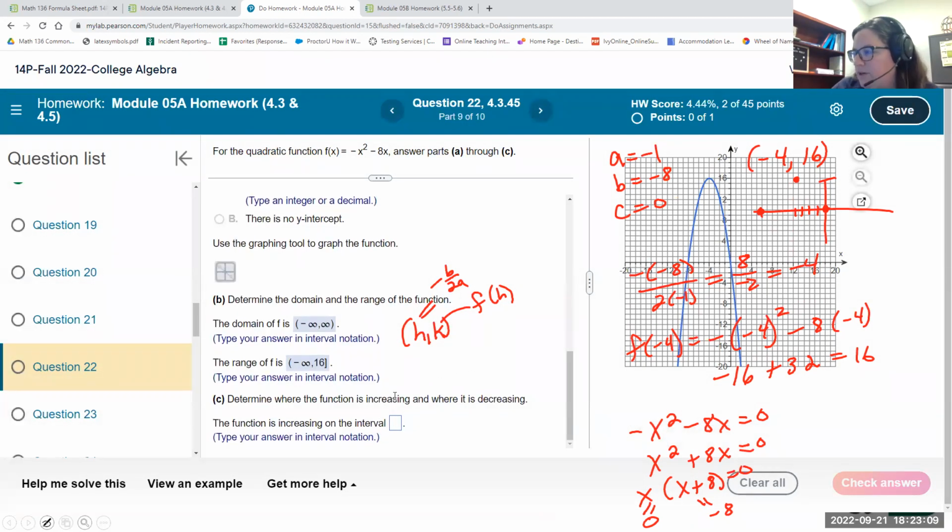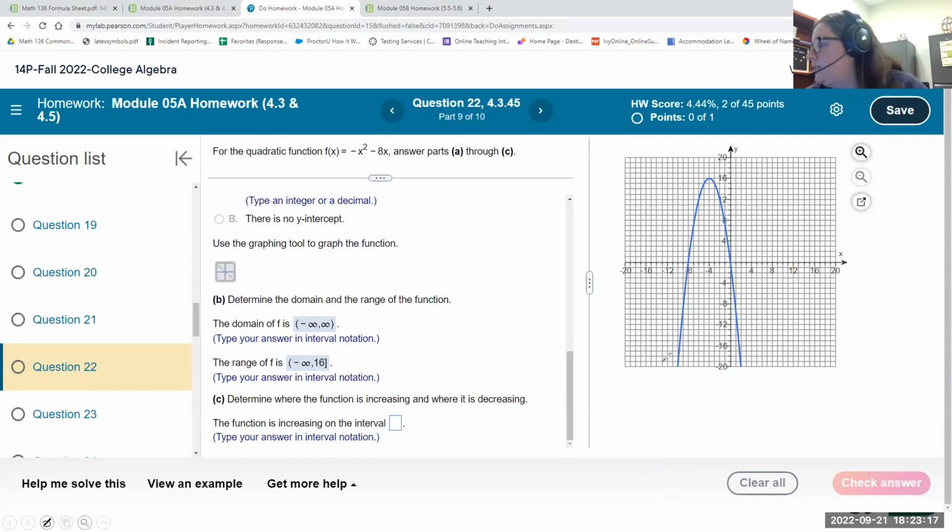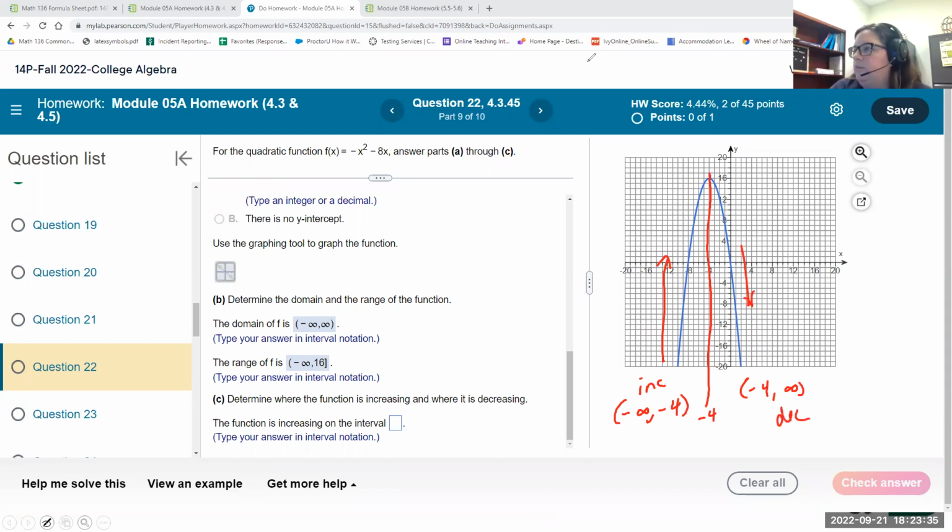And then it asks where the function is increasing and where it's decreasing. So looking at this, it's increasing until it gets to the vertex. So the x-coordinate of the vertex is where it switches. So from negative infinity to -4, increasing, and then from -4 to positive infinity, now it's decreasing.